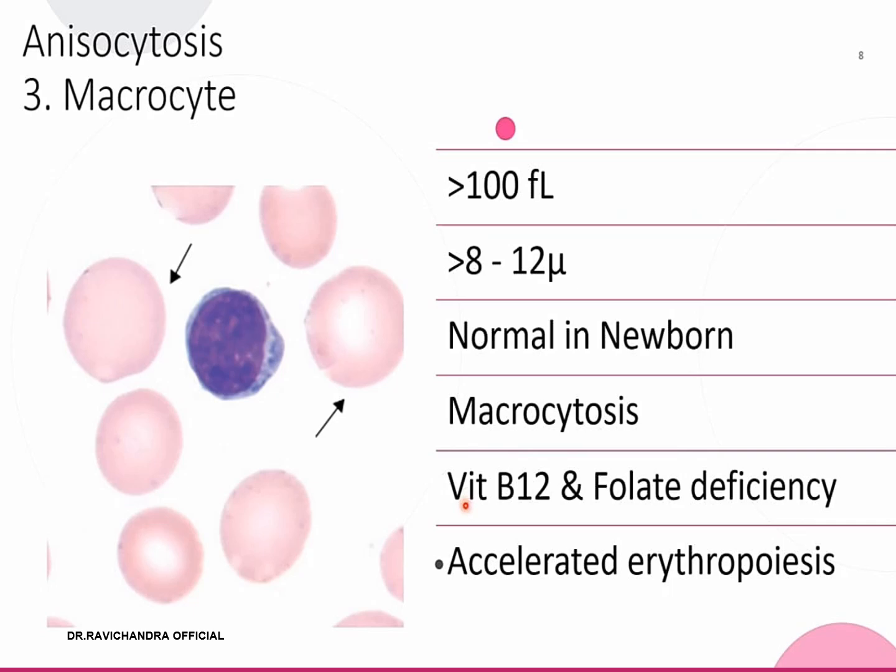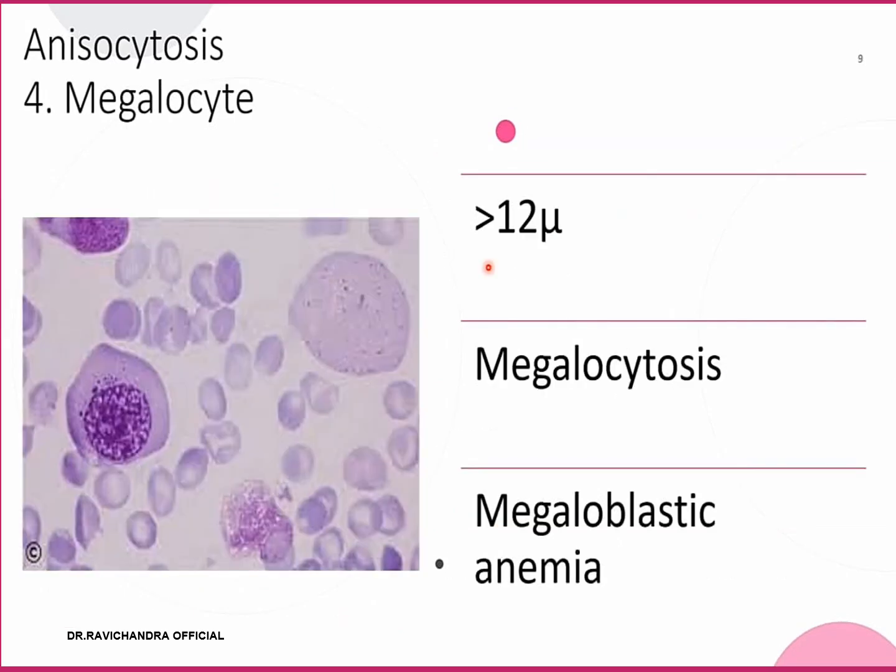There will be accelerated erythropoiesis. Coming to megalocyte, if the size of the red blood cell is more than 12 microns, then it is called a megalocyte and the condition is called megalocytosis, which is seen in megaloblastic anemia.